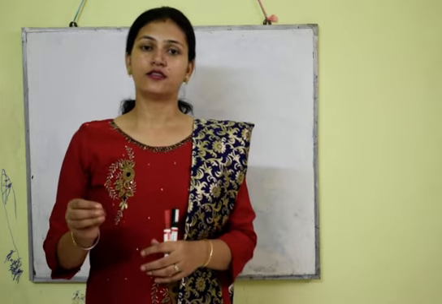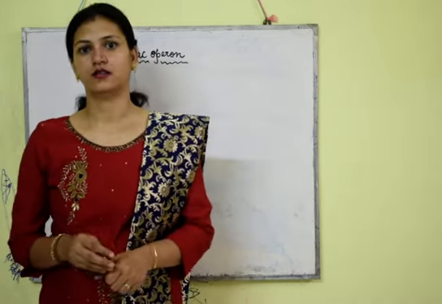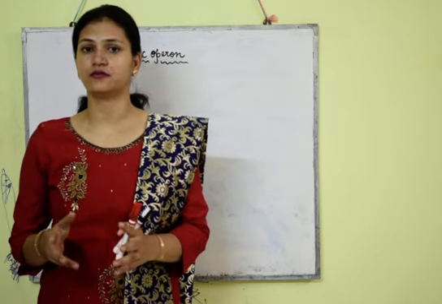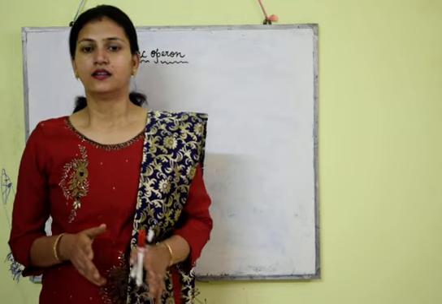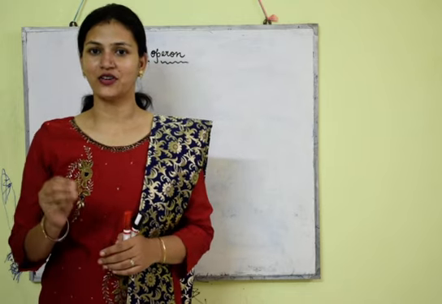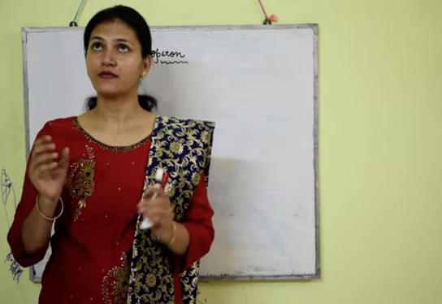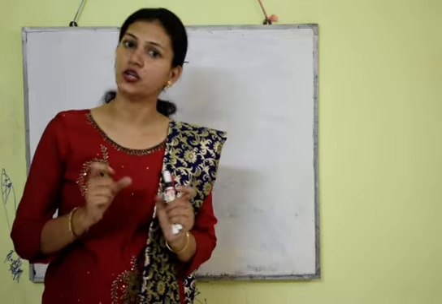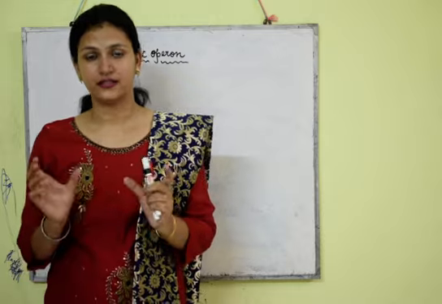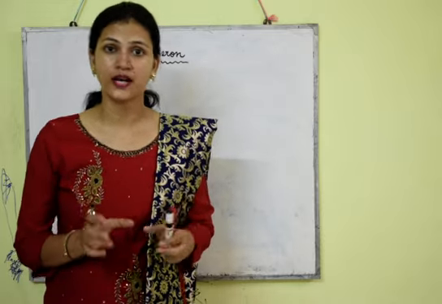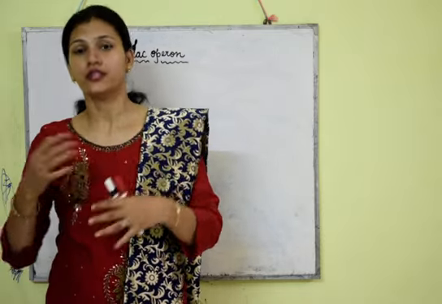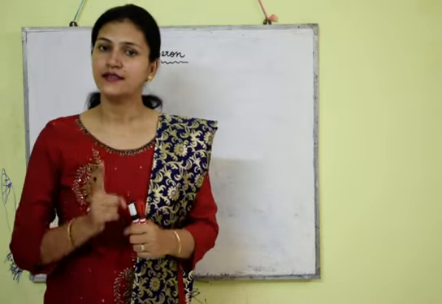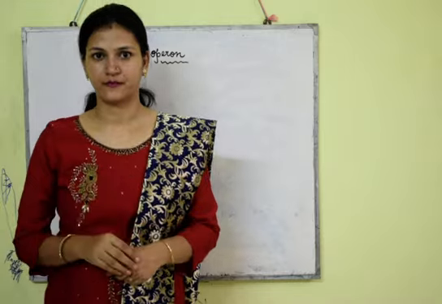But in the case of E. coli, we find some exception. What is that? In the case of E. coli, we find that many different genes from different loci are working together to result in a single metabolic function.